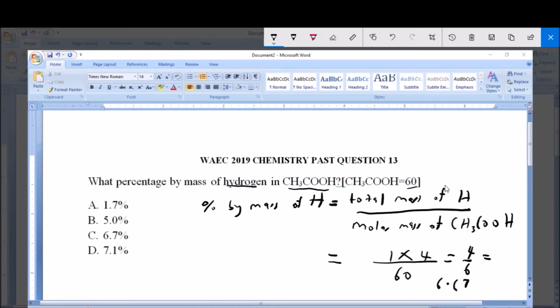Now remember that this is in percentage, so 6.67% is our final answer, and 6.67% is approximately 6.7%, and that is option C, which is the answer to this question.